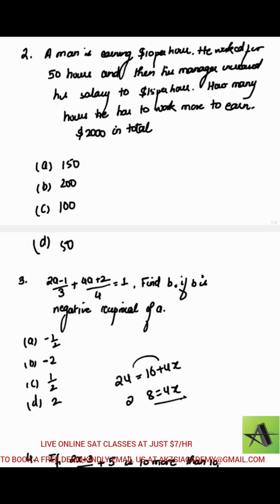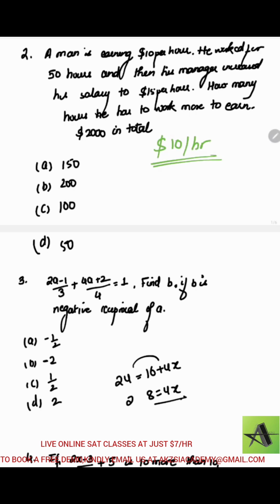Next, a man is earning $10 per hour. He worked for 50 hours and then his manager increased his salary to $15 per hour. How many hours does he have to work more to earn $2,000 in total? So he is earning $10 per hour.